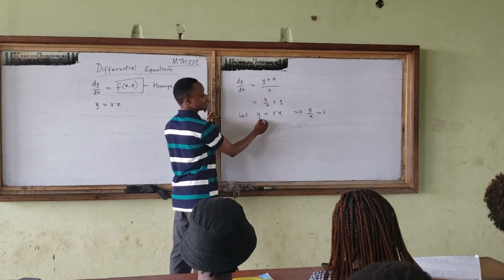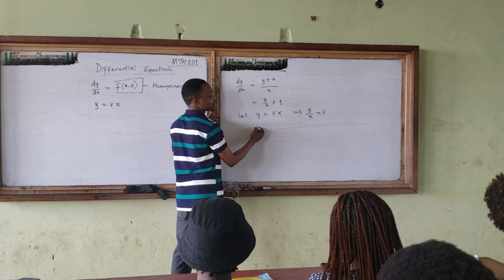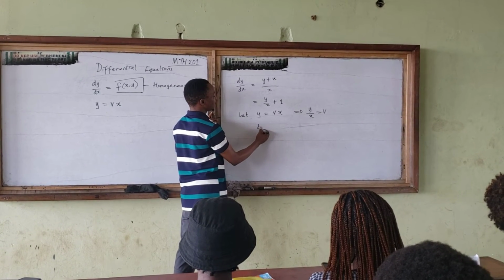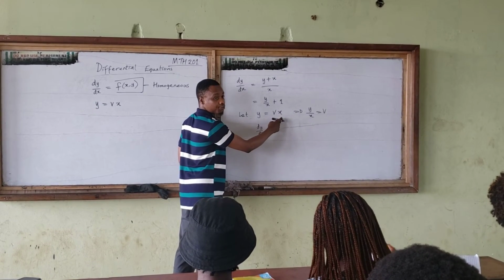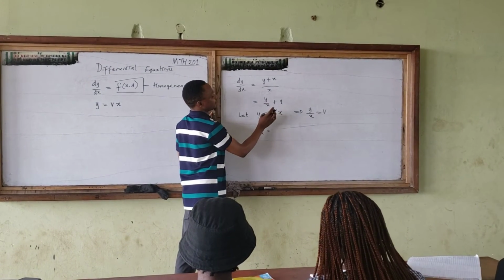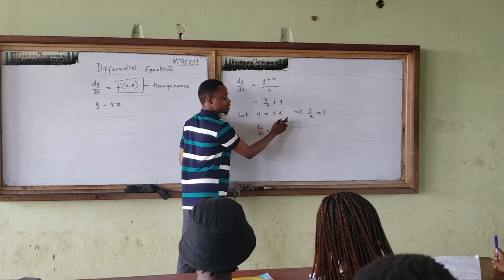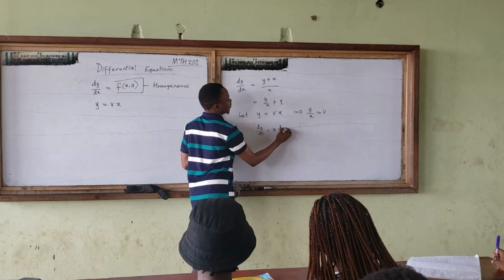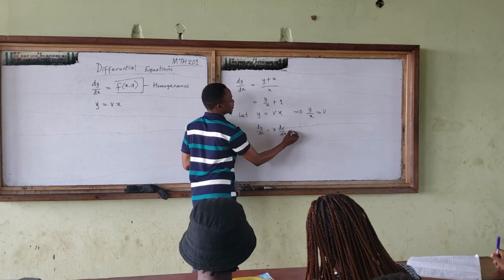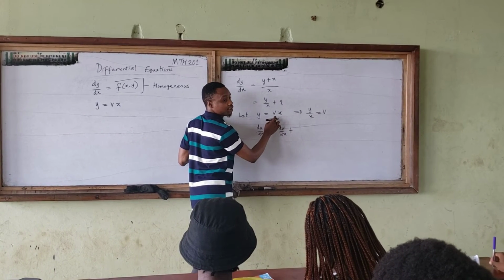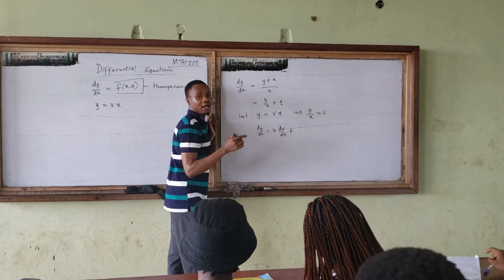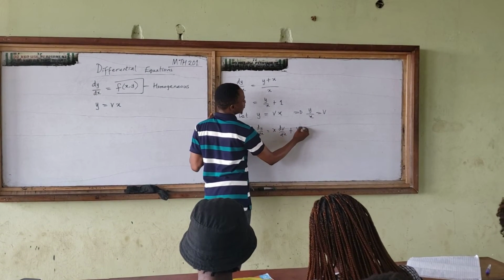So if I differentiate this equation with respect to x, dy/dx is equal to, this will be the product of two functions. I differentiate v, keeping x constant, that will be x dv/dx, plus differentiate x, keeping v constant. When I differentiate x, I get 1, that will be plus v.